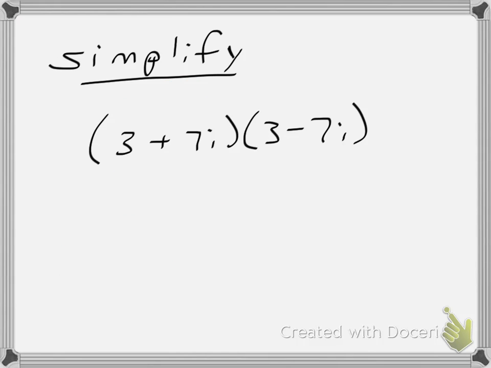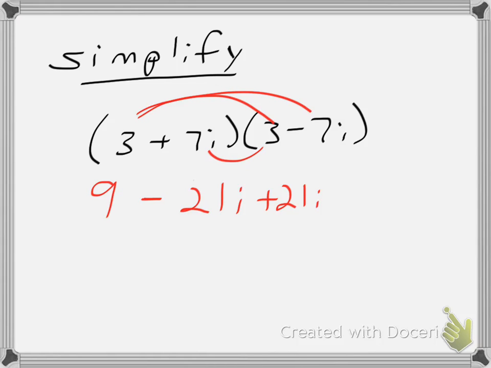Lastly, let's look at a problem such as this. Again, I'm asked to FOIL, so I'll say 3 times 3 to give me 9. 3 times negative 7i to give me minus 63i. Or excuse me, minus 21i. I saw that 9 and got confused. 7i times 3 to give me a positive 21i. 7i times negative 7i to give me a minus 49i squared.